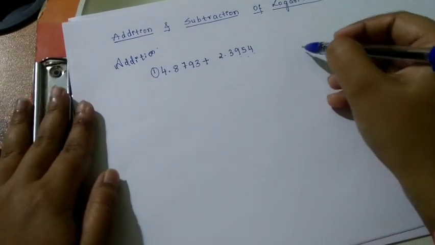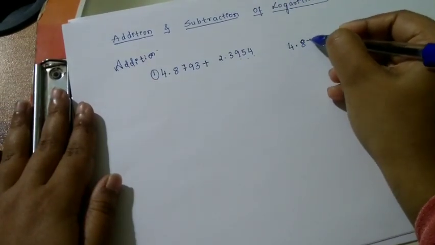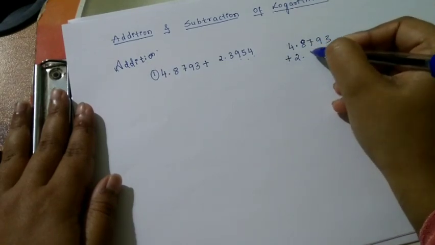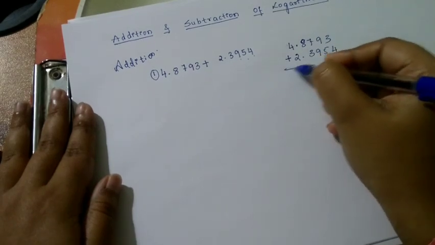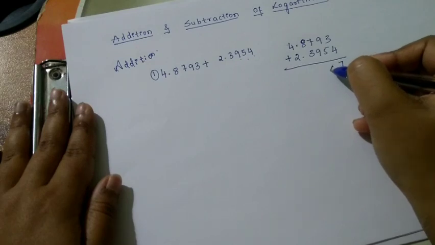Very simple, you can directly add this: 4.8793 plus 2.3954. If you add them, 4 plus 3 is 7, 9 plus 5 is 14.